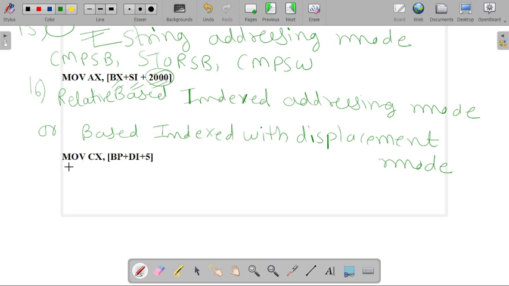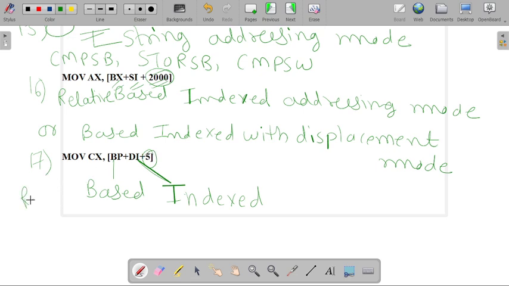In this next example also, MOV CX comma BP plus DI plus 5, this value is given. So BP is the base register, DI is the index register, and our 5 is the immediate value.